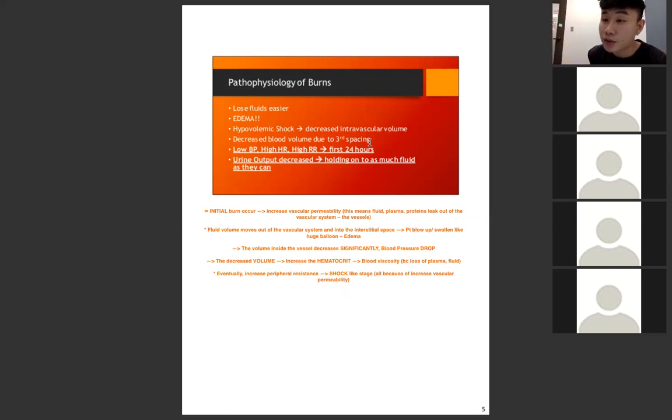Whenever we talk about third spacing, we remember the substance albumin, which is a protein, and because the albumin leaks out of the blood vessel, the fluid follows the albumin, leading to a further decrease in the intravascular volume. So now we have a ton of fluid in the wrong space. The fluid is not inside the vascular system, but inside the surrounding tissues, which means that we have swelling, dehydration, and hypovolemic shock.